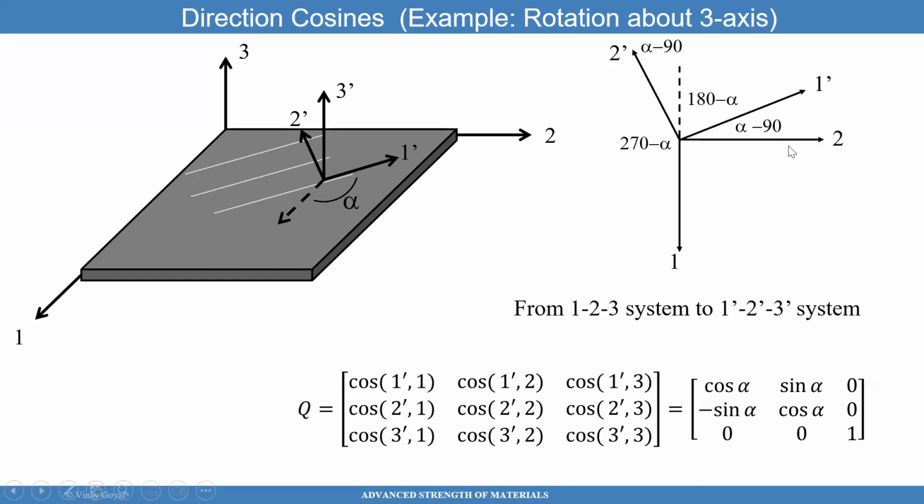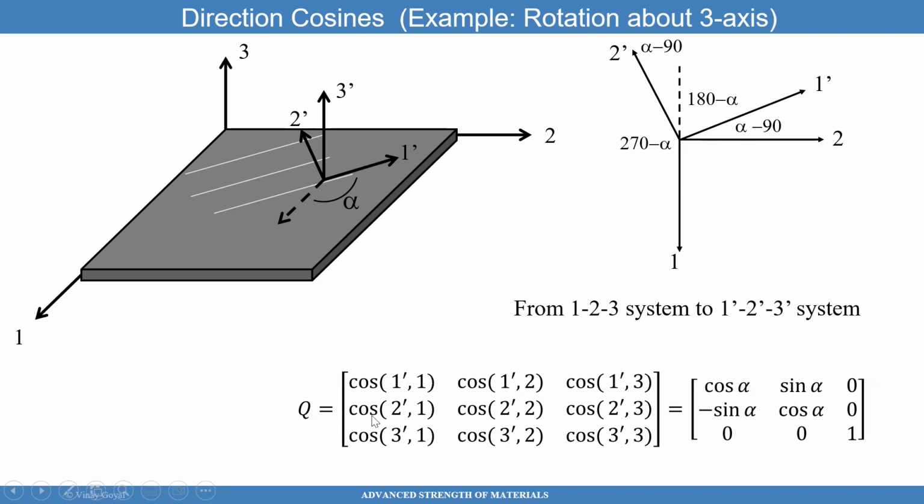Since the angle between 1 and 1 prime is alpha, and the angle between 1 and 2 is 90, then it has to be that the angle between 1 prime and the 2 axis is alpha minus 90. There's no other choice. So that tells me that this is cosine of alpha minus 90, which if you use a calculator or you use Mathematica, or you remember the identities, you find that that's just sine of alpha.